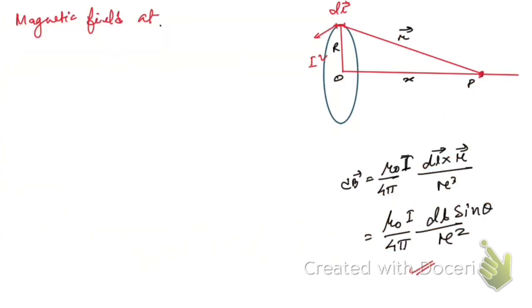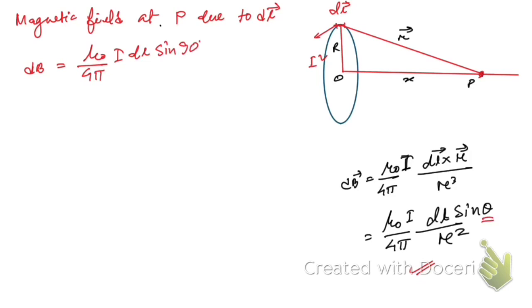The magnetic field at P due to dl according to the Biot-Savart law will be, in scalar form, dB is equal to mu naught by 4 pi I dl, here it will be sin 90 instead of theta, because the angle between dl and r is 90, as I have already explained, divided by r square.